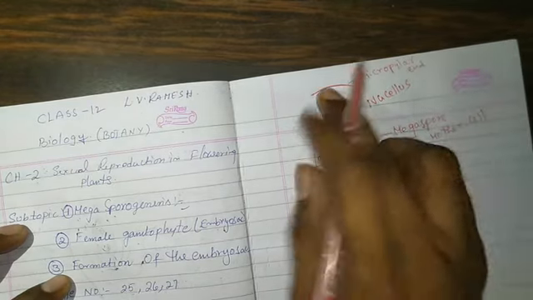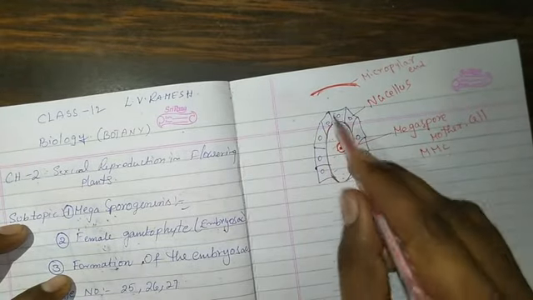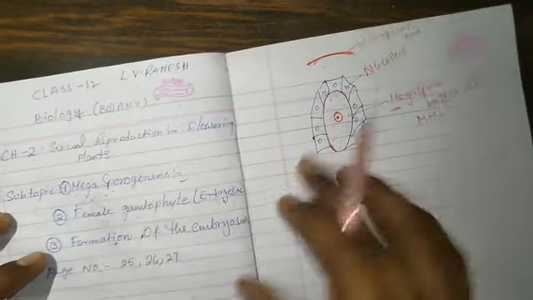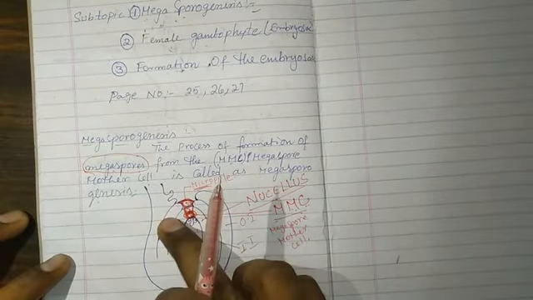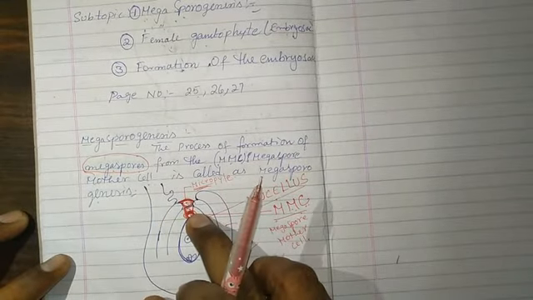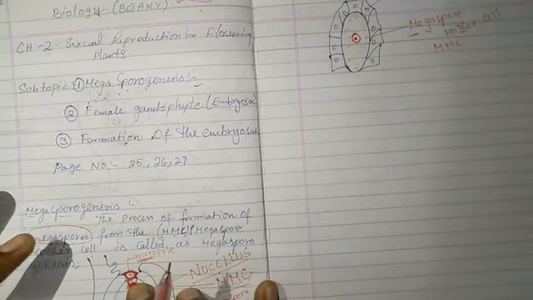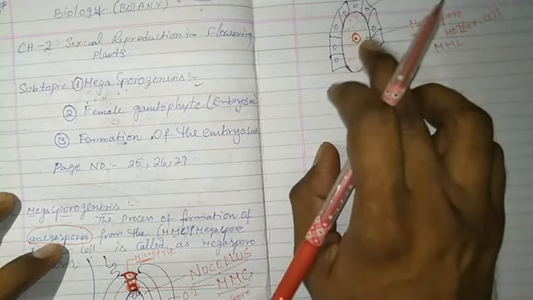This is the micropylar end, and this is the nucellus, and inside the nucellus the megaspore mother cell is present. With the help of this diagram, you can easily understand everything, and we can identify the location and how the megaspore mother cell will be.